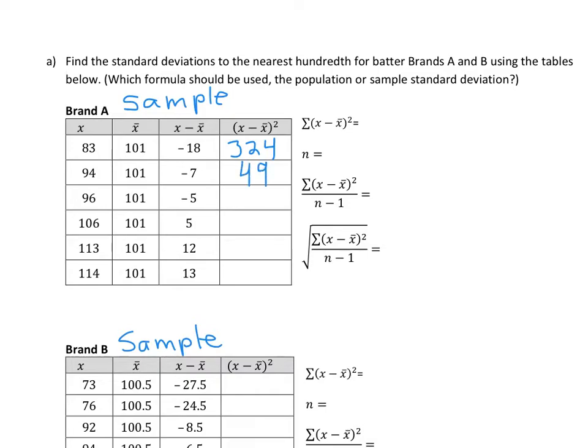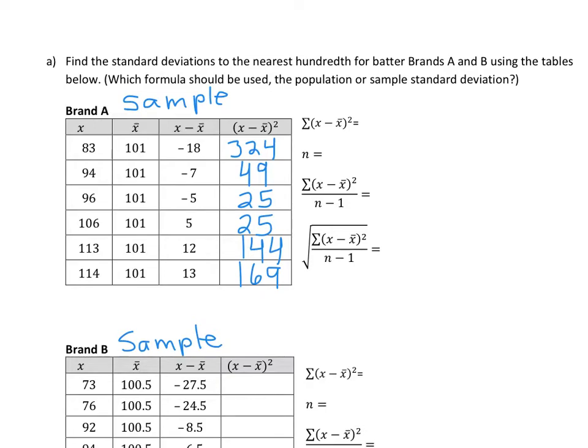Remember to put that in parentheses, negative 7, close parentheses, and then square it. Negative 5 squared is 25. 5 squared is 25. 12 squared is 144. And 13 squared is 169.